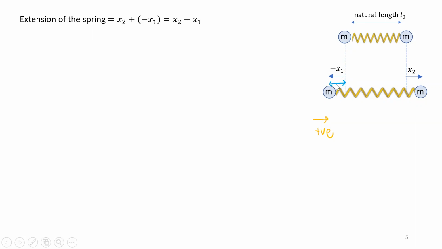Now if I stretch the spring like this, how much is the spring extended? That would be this part plus this part, the total distance that it is extended. So that would be x2 plus minus x1, that is, x2 minus x1. Let me give you another scenario.